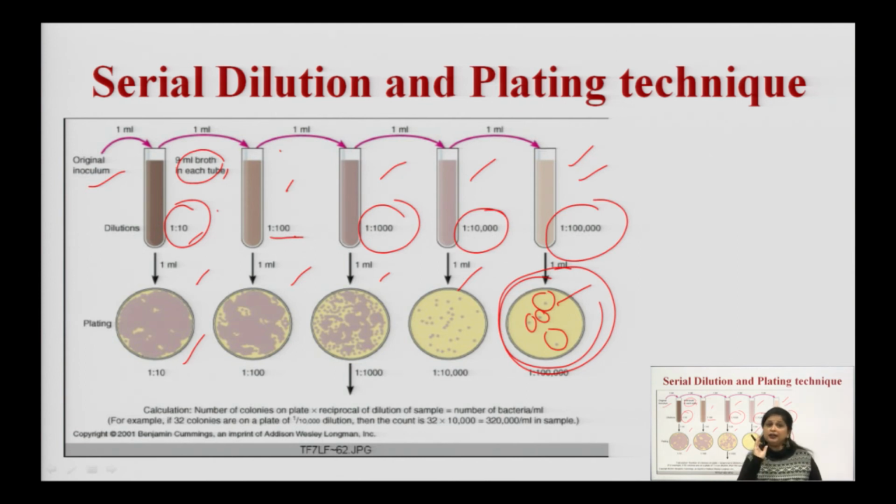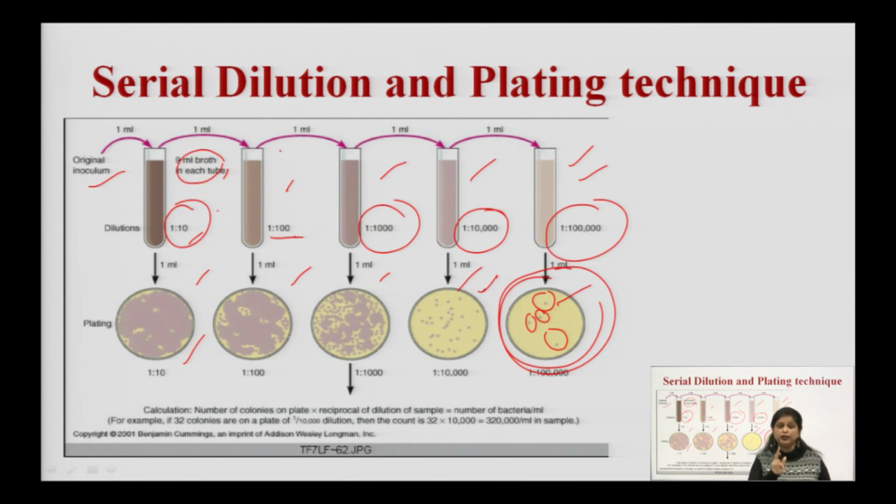We will take only that Petri plate in which the colonies are visible, and we are able to count those colonies within that Petri plate. So in this case we can see the best Petri plate is this one, in which we have more than 9 colonies but less than 100 colonies.